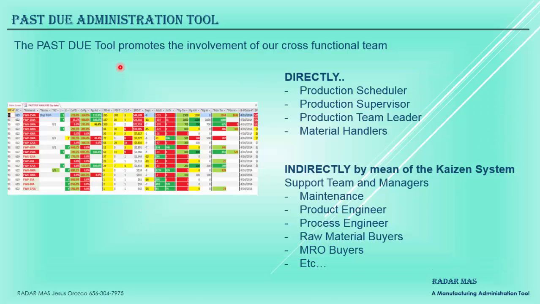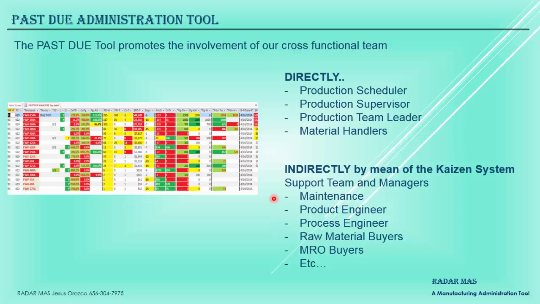So the past due tool promotes the involvement of our cross-functional teams either directly or indirectly. Directly by keeping a closed loop between the production scheduler, production supervisor, production team leaders, and material handler, and indirectly by means of the Kaizen system by having all our supporting teams and managers aware of what is being needed.